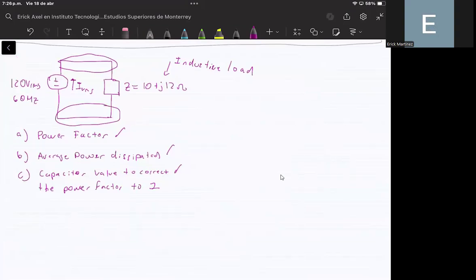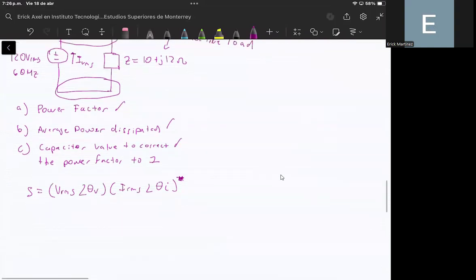Well, you know that the complex power S is equal to the voltage in RMS, in phasor form, times the RMS current phasor, but we need to consider here the conjugate. That is why I'm using an asterisk, to denote that we need to compute the conjugate of the current phasor times the phasor of the voltage.